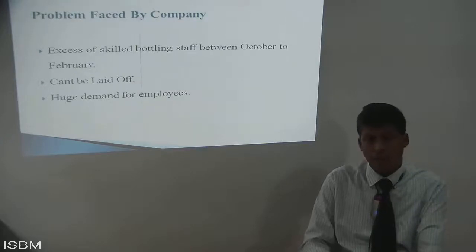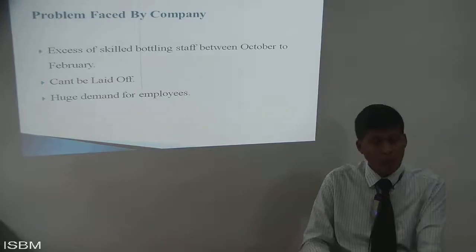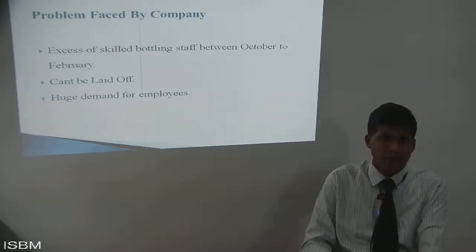If you do a patchwork or a temporary, makeshift kind of arrangement, we will struggle in the long run, because performance will not be optimized, we will not have consistency in the results, we will always struggle with quality issues and with attrition. People will not stay if we don't have a consistent, ethical kind of business.